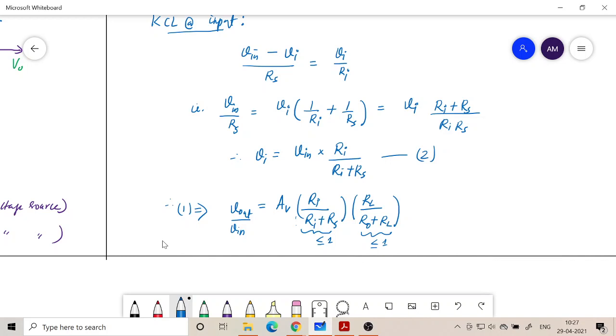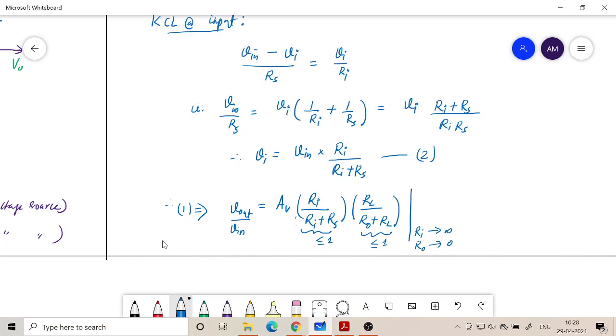The answer is that it is possible to make these two ratios closer to 1, and what we need is that Ri should be as large as possible, and Ro should be small. So if I put Ri very large, going to infinity, and R0 tending to 0, if you design this voltage amplifier model in such a way that my Ri is very large.